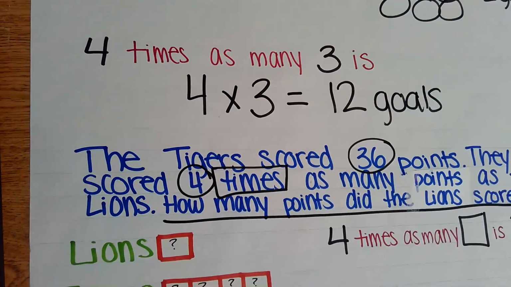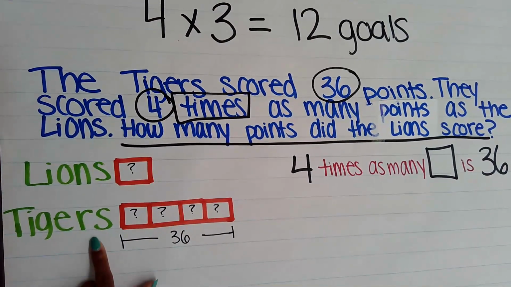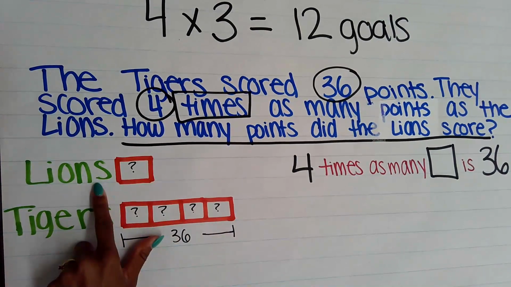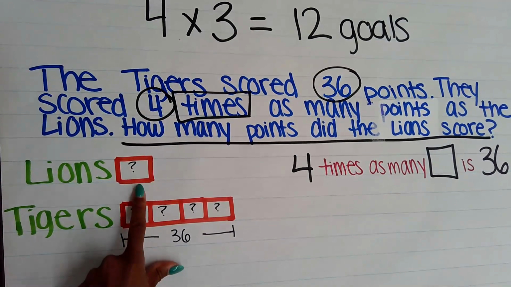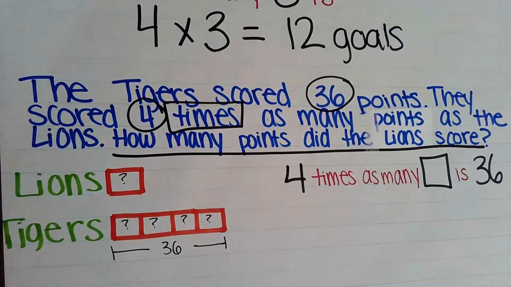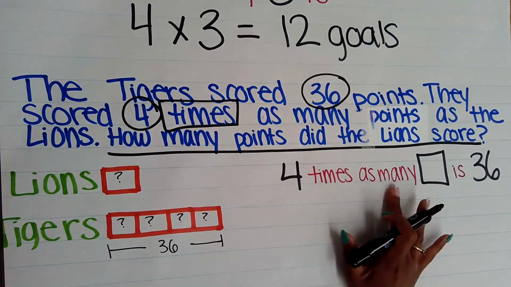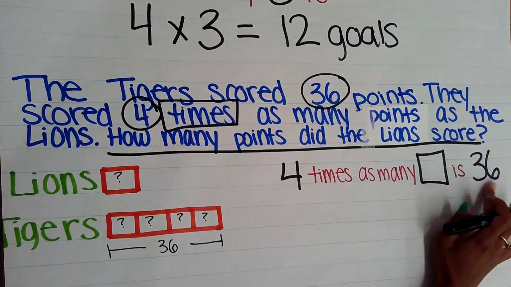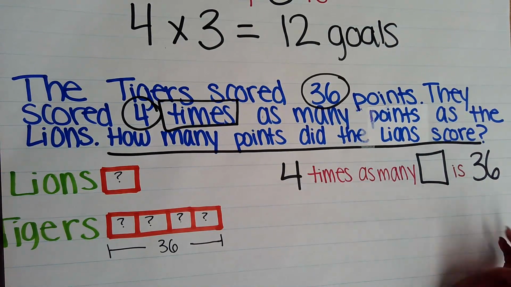So again, I can start with a visual. So I know that the Tigers have scored 36 points, which is 4 times as many points as the Lions. So whatever my Lions score is, I have to take that score and multiply it by 4 to get a total of 36. Now students are familiar with their fact families and they can take this and turn it around.